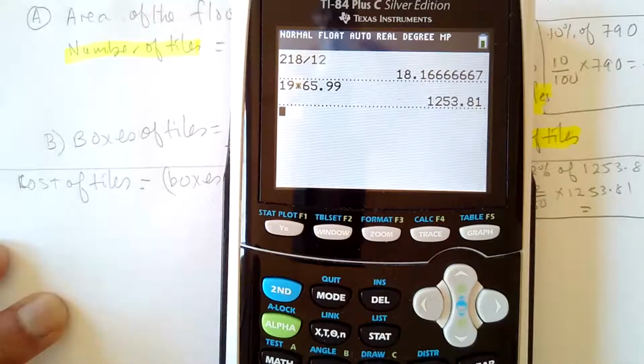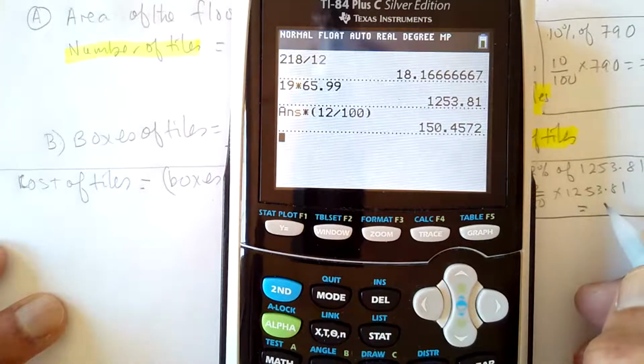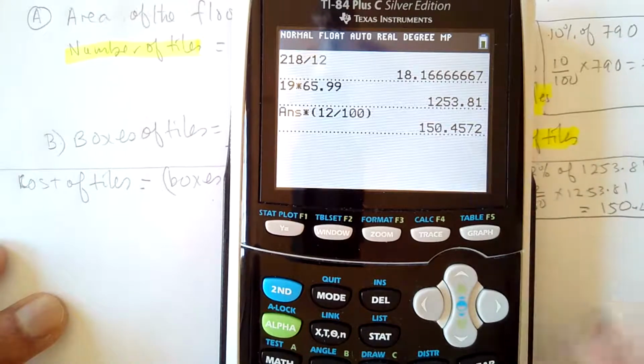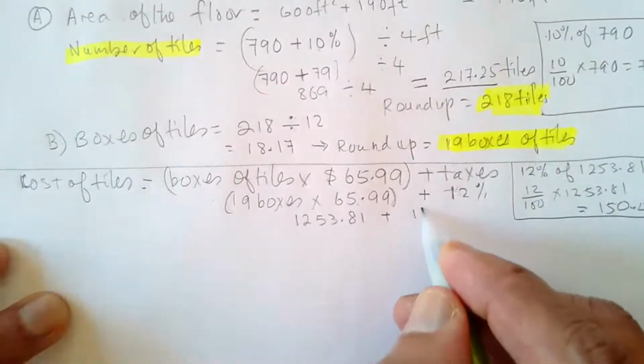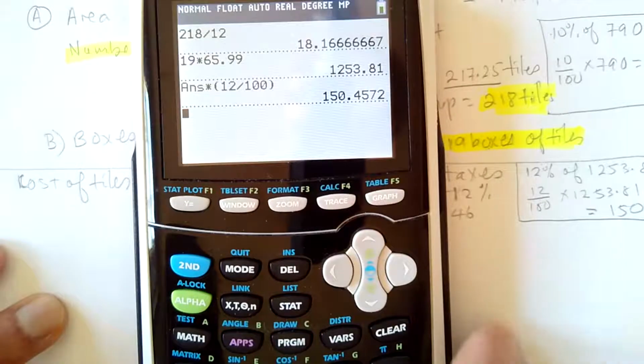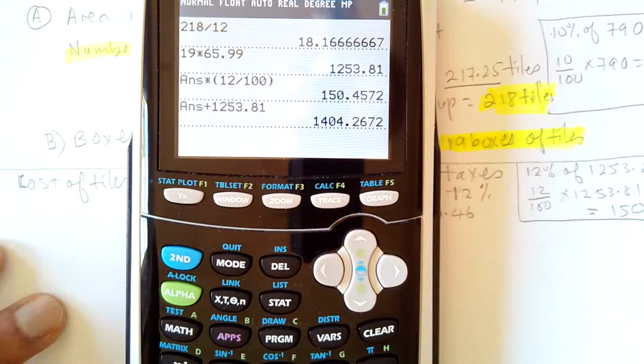So multiply by 12 divided by 100 gives me a tax of $150.46. Now I'm going to add that to my 1253.81, which gives me a cost of $1,404.27. We round up.